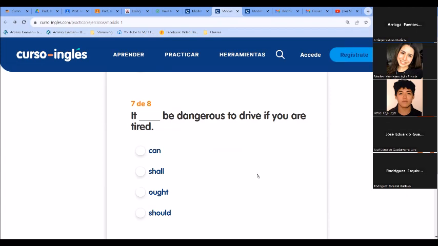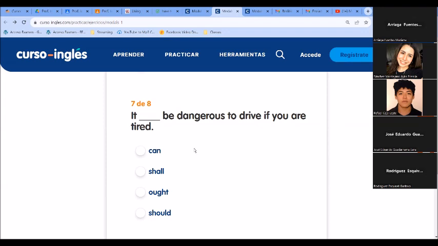Podría ser shall. It shall be dangerous. Okay. Shall. What do we say shall is for?